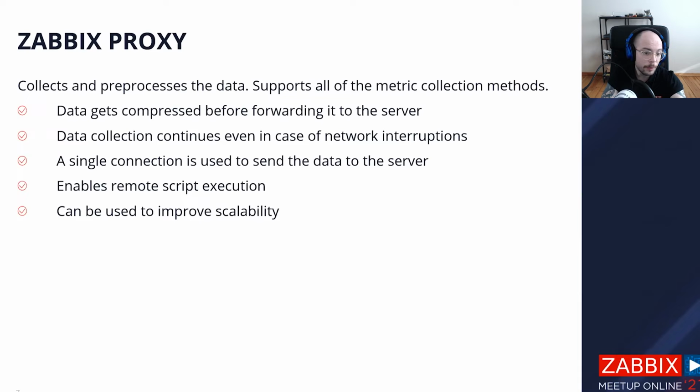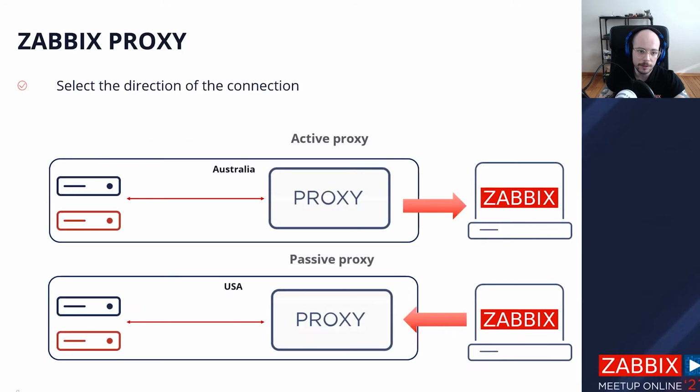Also, we can execute remote scripts on the proxy, and we can deploy multiple proxies to improve scalability. If a single proxy cannot handle the amount of data that we are gathering or pre-processing, we can always deploy an extra proxy. They're easy to deploy. They can even use an out-of-the-box SQLite database. So really easy, really flexible, really nice to have proxies in your environments.